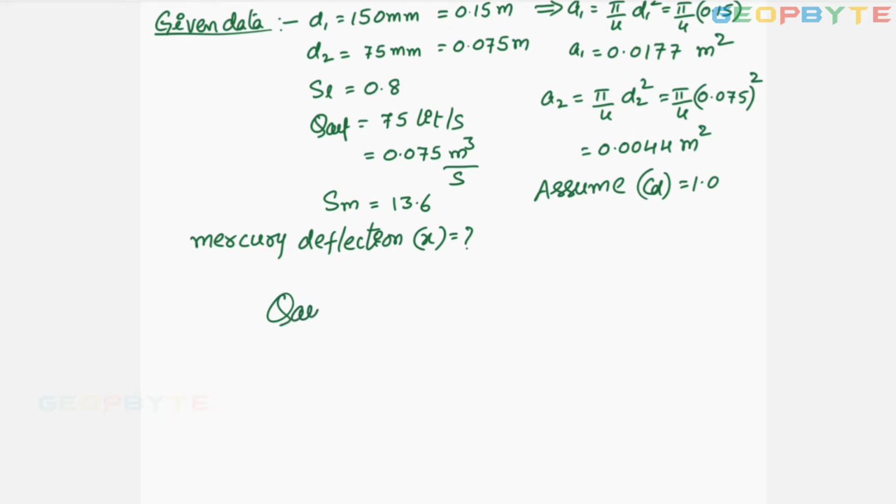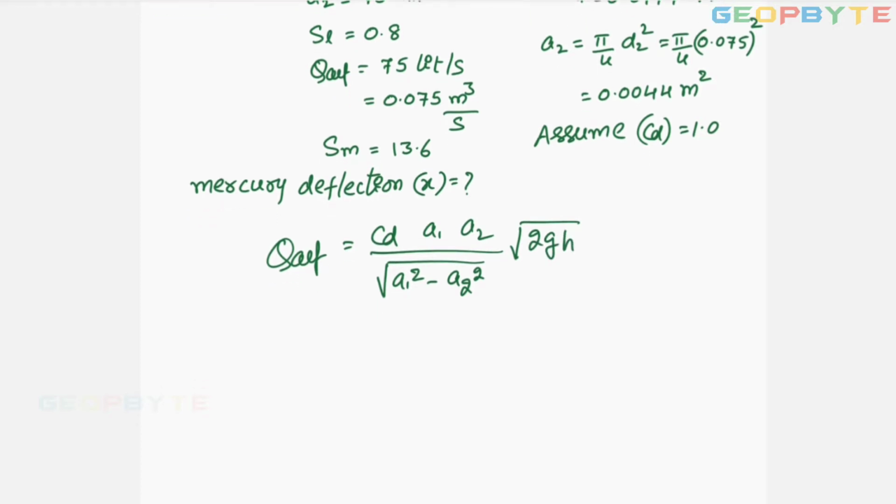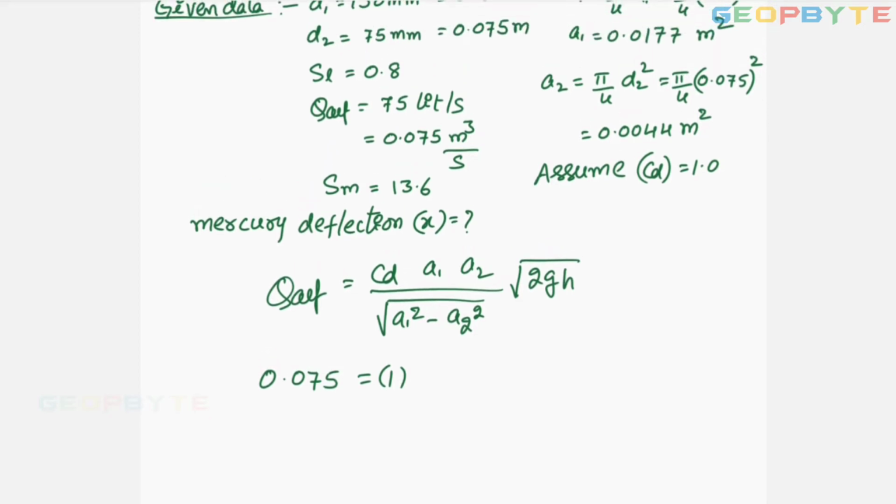Actual discharge is equal to CD into A1 A2 by root over A1 square minus A2 square into root 2GH. This is the formula. Actual discharge is given 0.075, coefficient of discharge 1, A1 equal to 0.0177 and A2 0.0044.